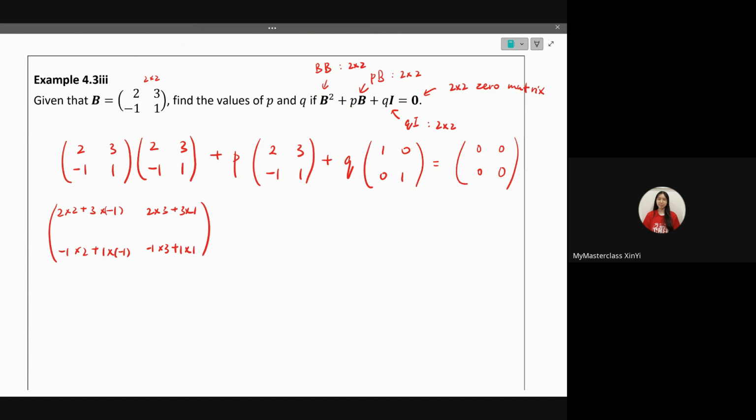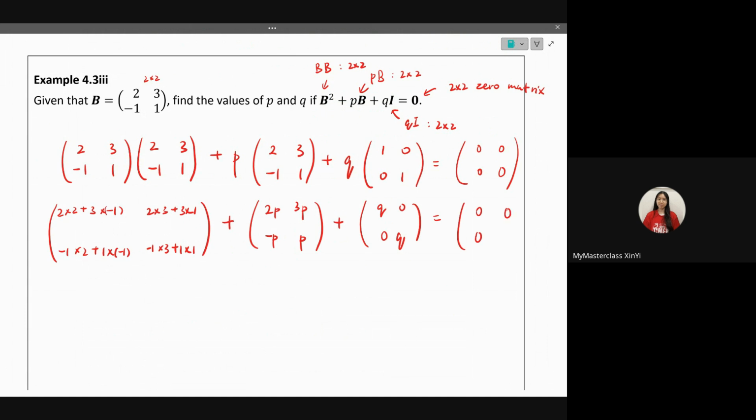Then for scalar multiplication, you simply multiply p into each of the elements. So this is going to be 2p, 3p, negative p, and p. Similarly for the scalar multiplication of q to the identity matrix, this is going to be q, 0, 0, q.